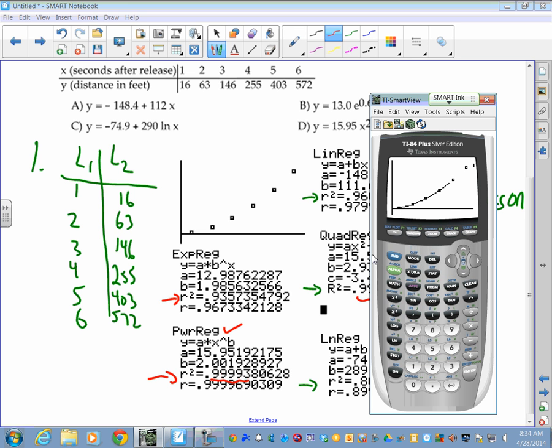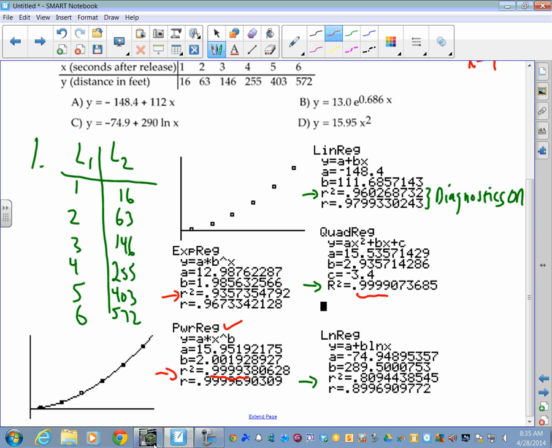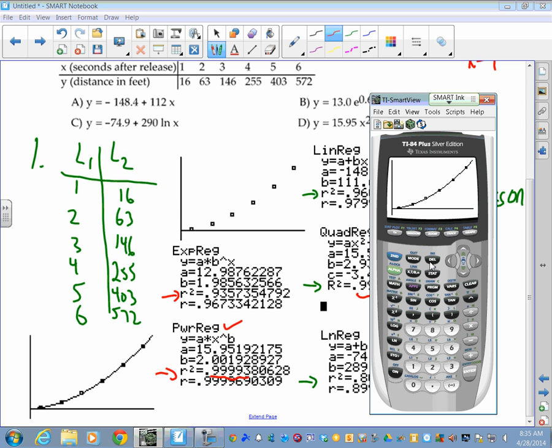I'll just tell you right now, on your test, there is going to be something to predict. So you're going to need the equation in your calculator. For instance, I would add to it, say, predict x equals 7. You do your second calculate value at 7.